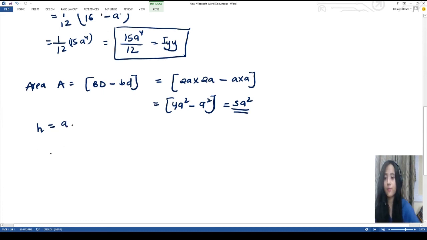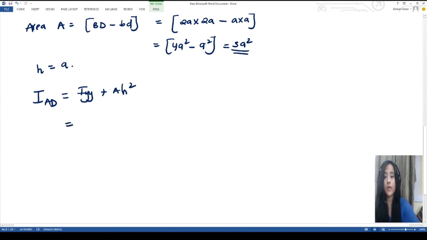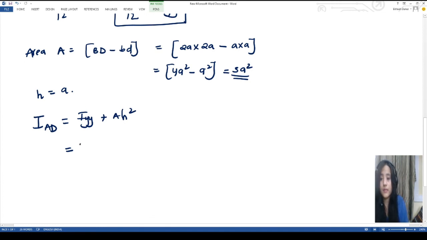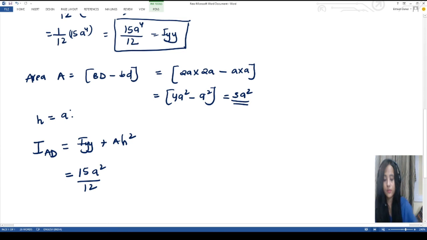So now let's find the moment of inertia about I AD, which is equals to I y plus A h square, right? So how much did we get I y? I y came equal to 15 a raised to power 4 divided by 12, not square.